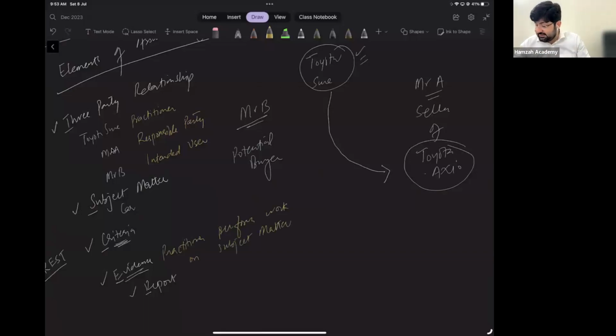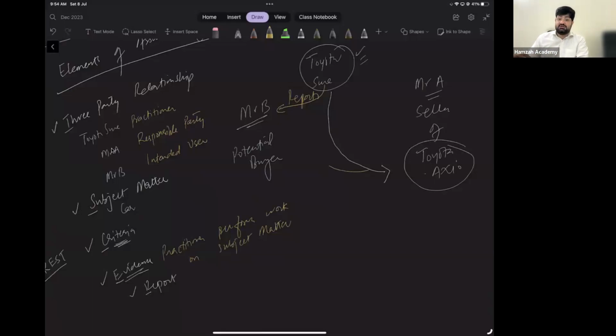And after that, the practitioner reports about the car to Mr. B. Now, after this report, Mr. B is in a situation to decide whether to buy that car or not. So it is helping in decision making. I hope it is good. Now I am going to link it with audit.